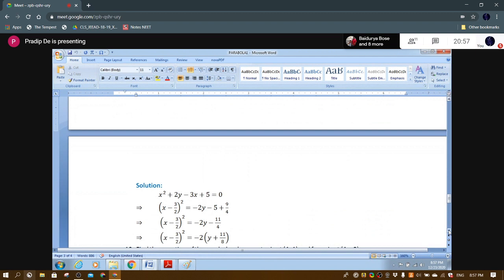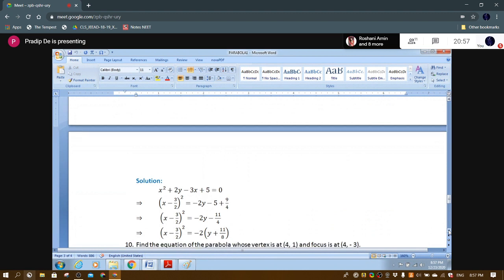That is the type. X squared equal to minus 4ay, that is type 4. Now if you find out the vertex, focus, you can do it, I suppose. Similar to that previous one. Try it.